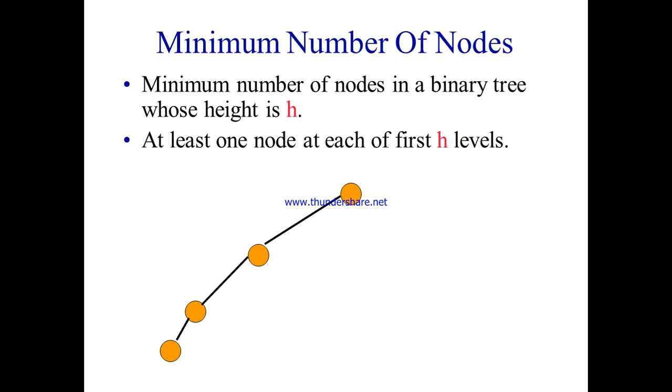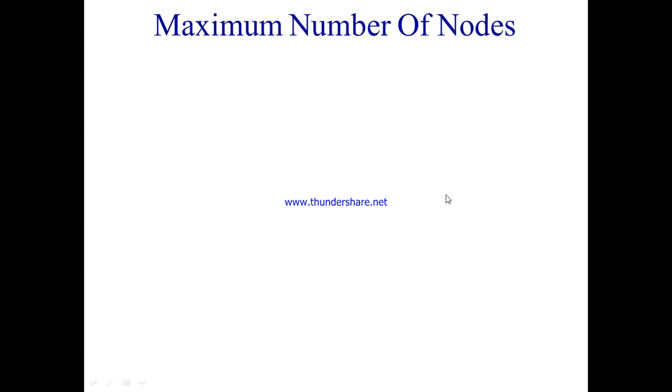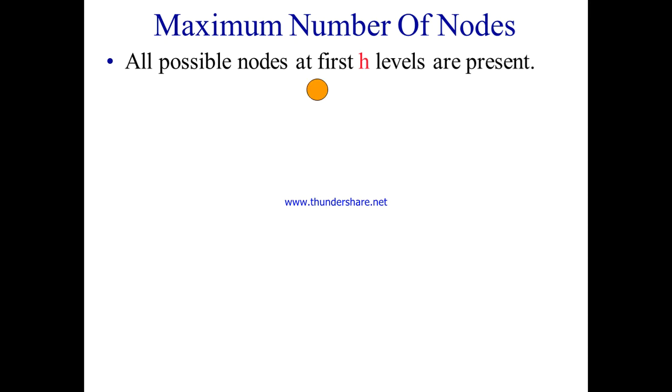Now, the maximum number of nodes. How many maximum nodes will you have in a binary tree with height h? Maximum number of nodes means all possible nodes are present, so every node has 2 children up to level h.